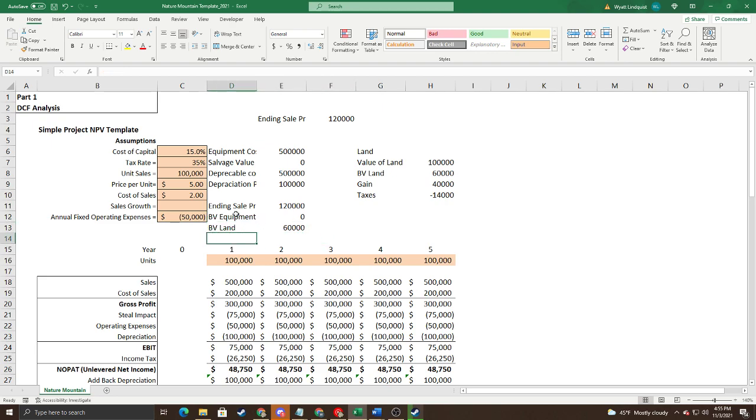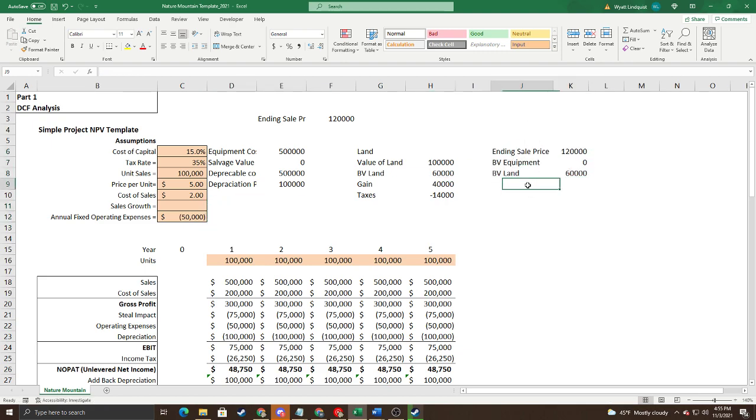Then we're going to copy this over to here and make it a little bigger. Based on that, we're going to have the gain on sale, which is just the ending sale price minus the book value of equipment minus the book value of land. And that's going to give us a gain on sale of $60,000.